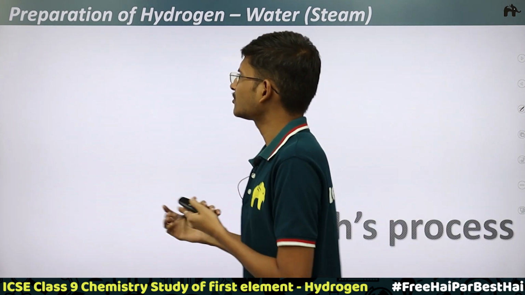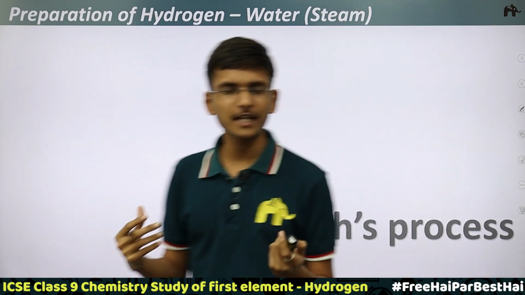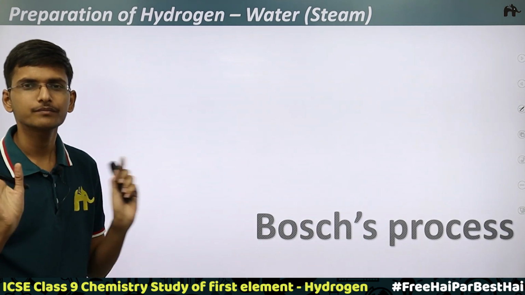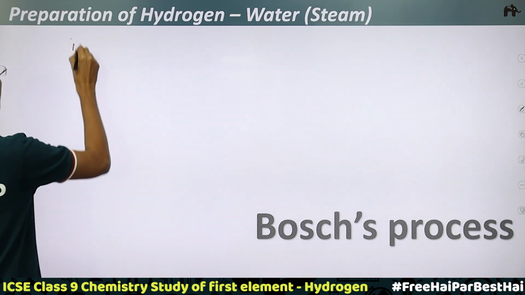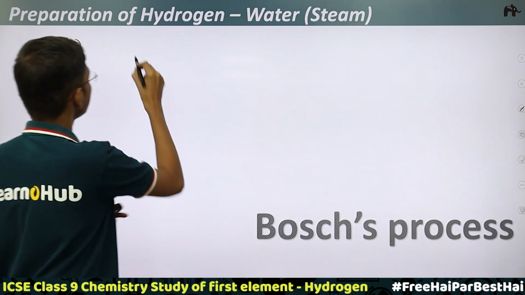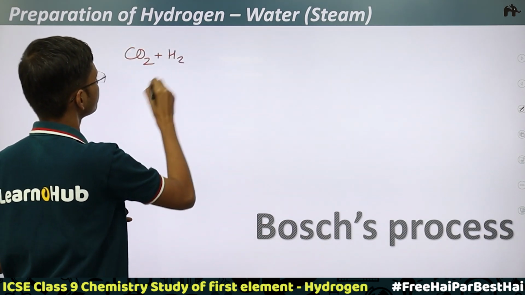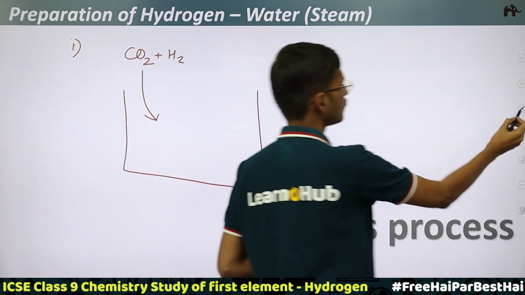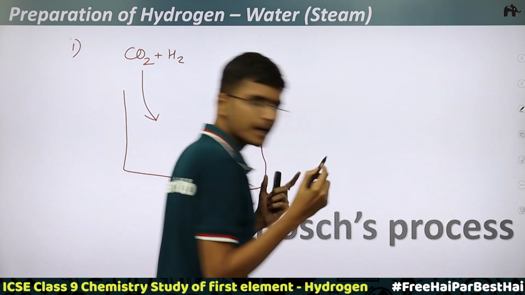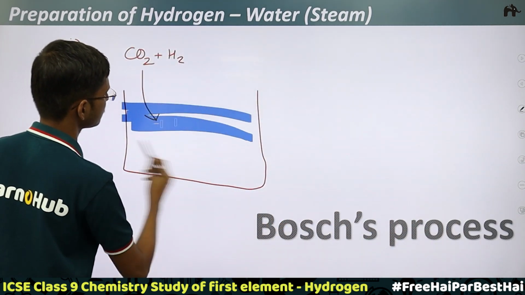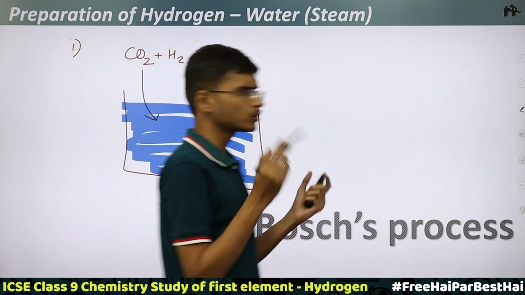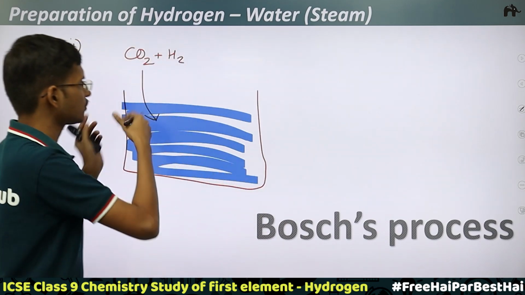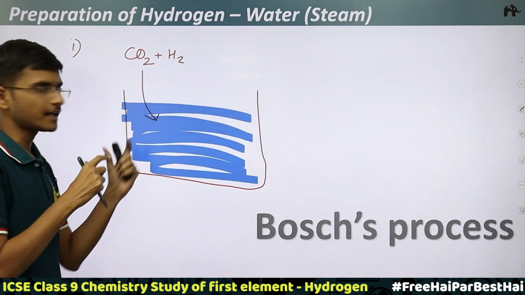There are two easy methods to remove the carbon dioxide obtained as a product along with the hydrogen in step 2. First, we can pass the mixture of carbon dioxide and hydrogen through water. I'm drawing a very rough diagrammatic representation of this process, don't take it as an actual representation.